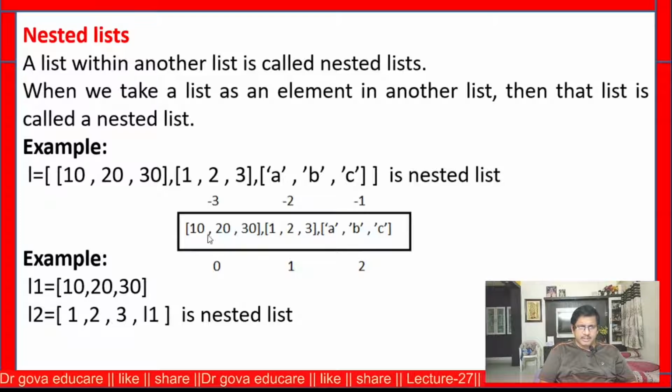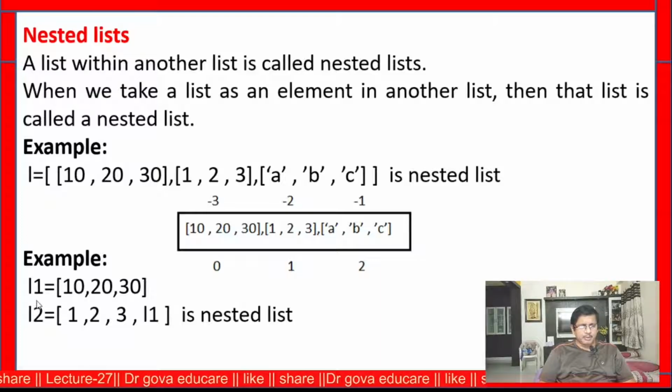The first element is itself a list, with a zeroth element, first element, second element. Similarly, in the other lists, there is a zeroth element, first element, second element.